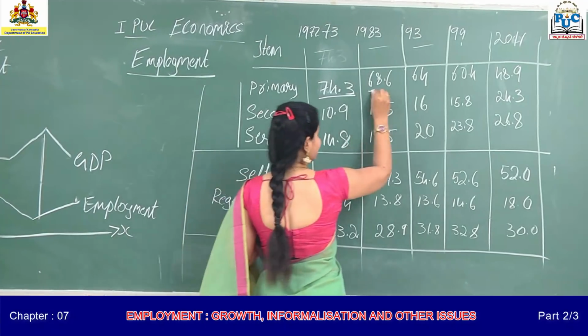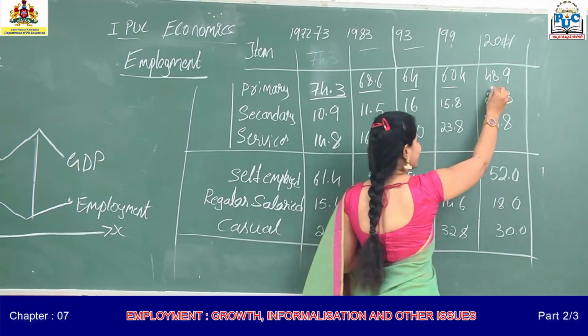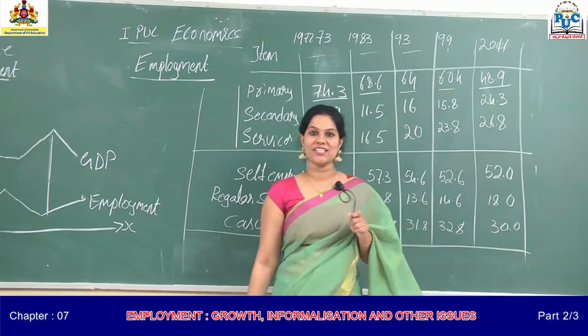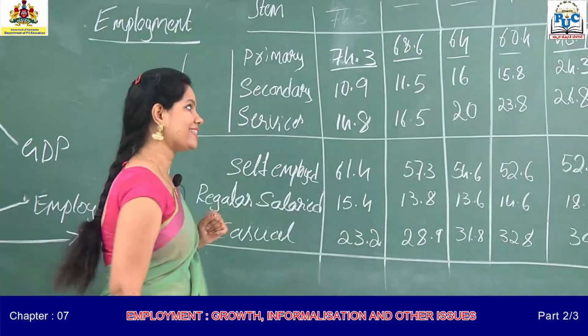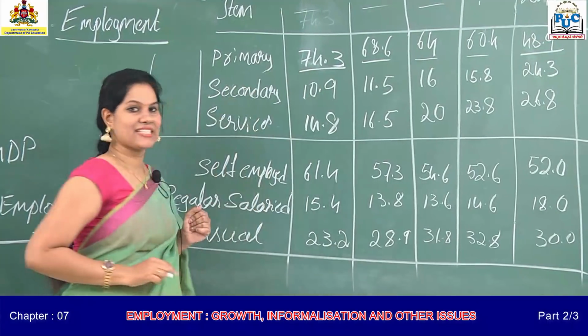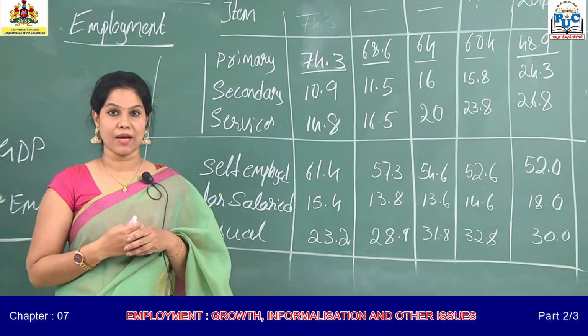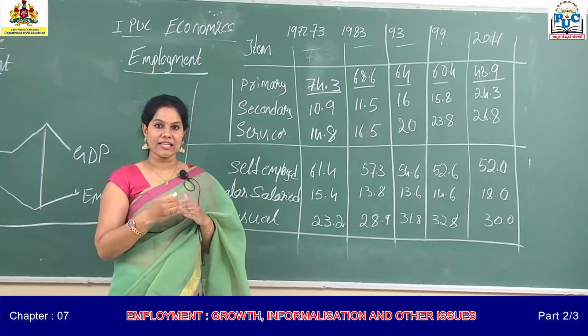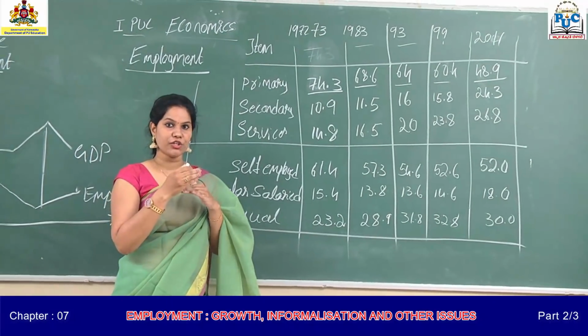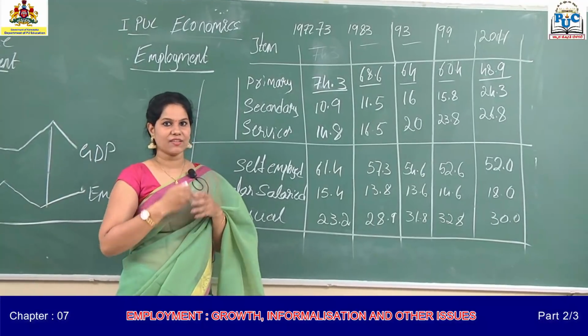You see here, 68, 64, 60, 48.9%. That means we came to half of the population now, isn't it? Exactly. So the primary sector, which is mostly the agriculture sector, started diminishing. People started migrating from agriculture to the industrial and service sectors.